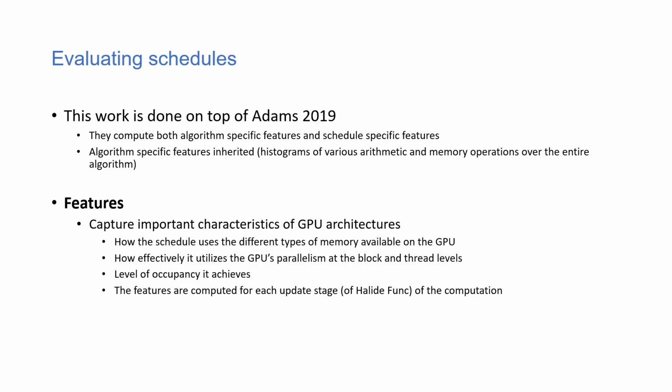And the schedule features are, I understand, either introduced or at the very least improved, to include GPU specific information like how the schedule uses different types of memory available on the GPU, that is local, shared, register, etc. How effectively it is using the block and thread level parallelism, the level of occupancy it achieves in the GPU units, and also these computations are done for each Halide func, that is for each stage of the pipeline.